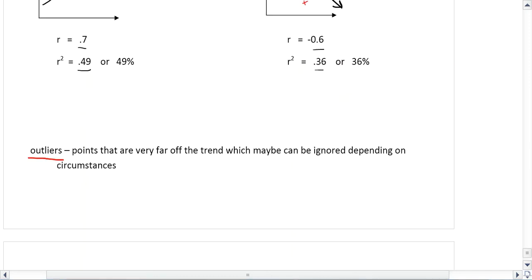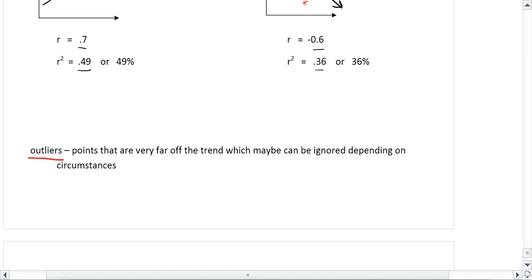All right, the next term we need to discuss is outliers. These are points that are way far away from the trend line. And sometimes in a real life situation, there's a reason that they happen. Sometimes we include them in our calculations and sometimes not. It depends on why they occur. So we'll discuss this in class.